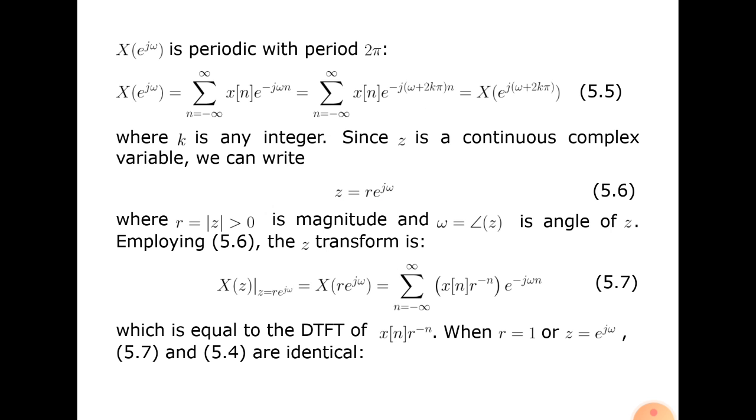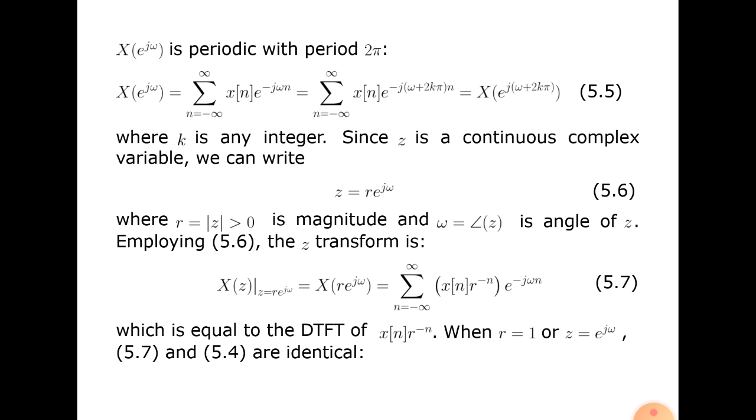X e of j omega equals summation n equals minus infinity to plus infinity x of n into e power minus j omega n, which equals summation of x of n into e power minus j omega plus 2 k pi n, which equals X e of j omega plus 2 k pi, where k is an integer.